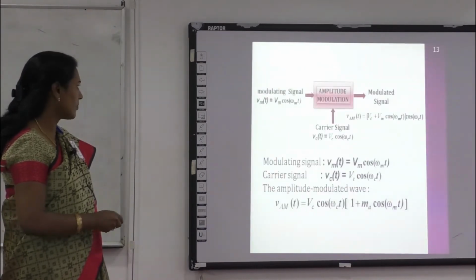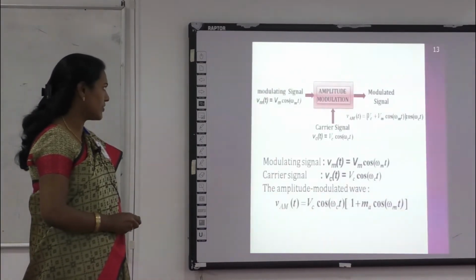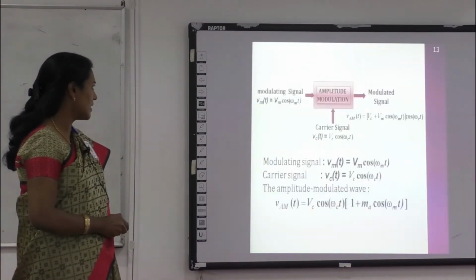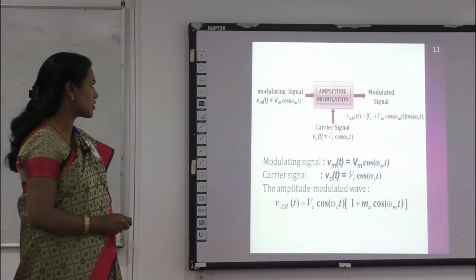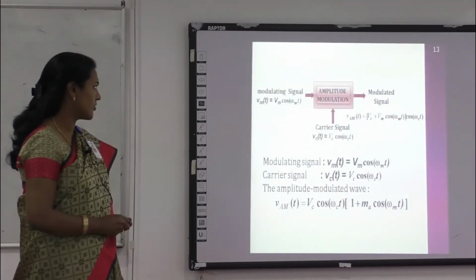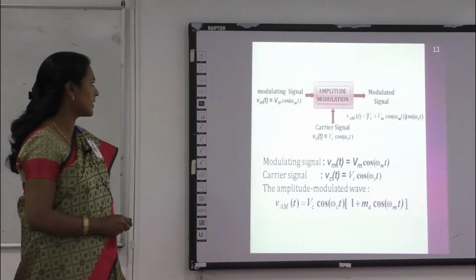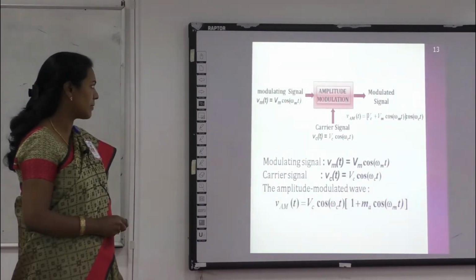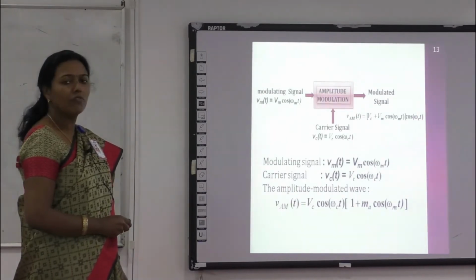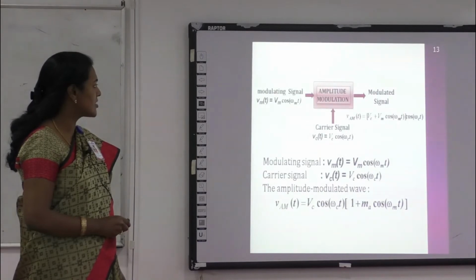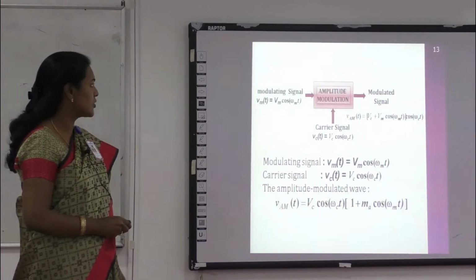So Vam of t is equal to Vc, you can see Vc up to this, plus Vm cos omega m t. This particular voltage varies with respect to time. So at the output of the modulator, we have Vam of t equal to Vc plus Vm cos omega m t, which is the change in amplitude, into cos omega c t.